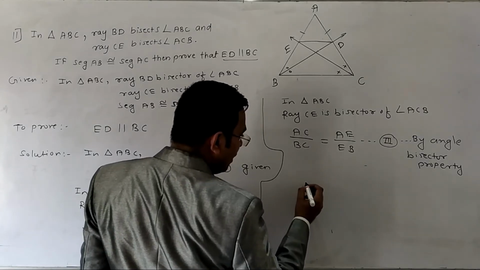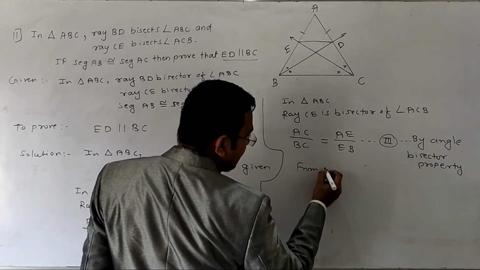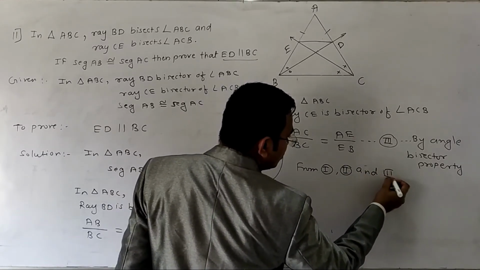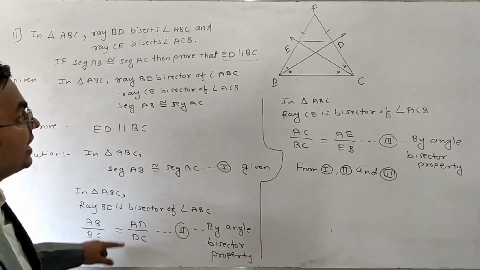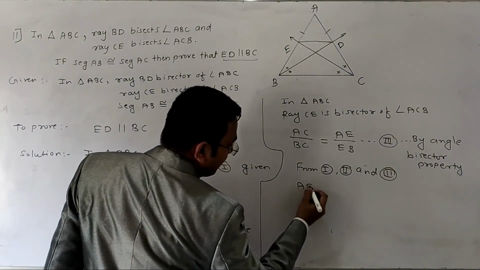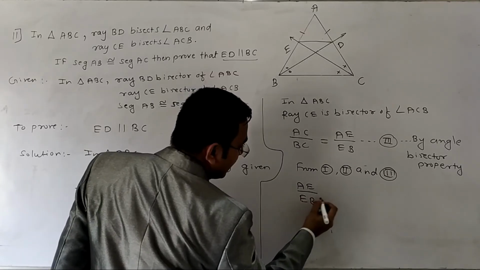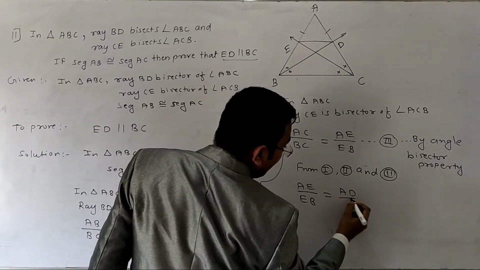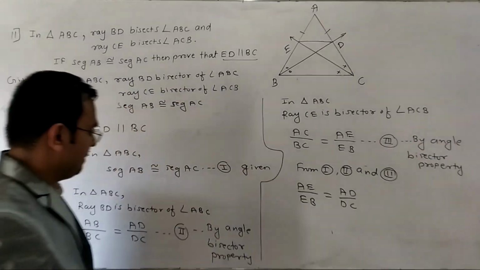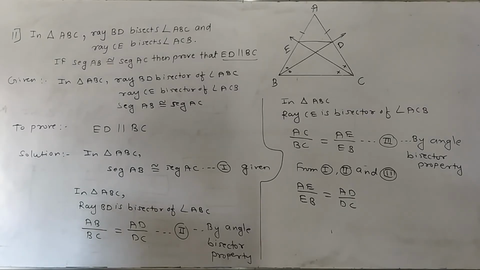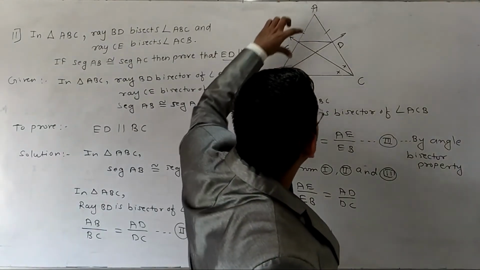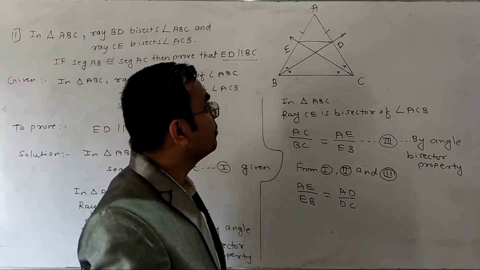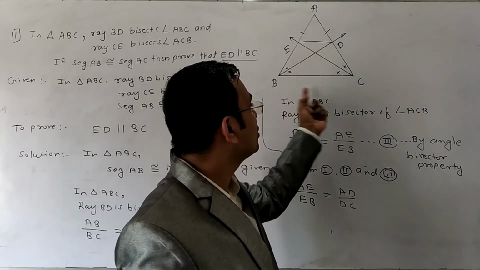So from 1, 2, 3, we can say that AE upon EB is equal to AD upon DC. Okay. So if AE upon EB is equal to AD upon DC, by converse of basic proportionality theorem, we can say that this line is parallel to this.